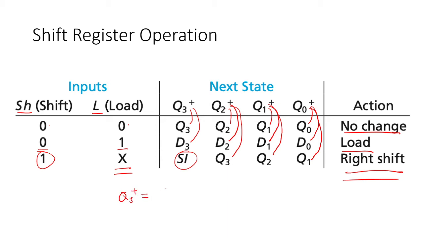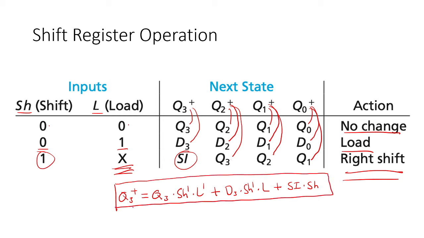Q3 plus is going to be equal to Q3 and SH prime and L prime, or D3 and SH prime and load, or SI and SH, right? No longer dependent on load enable for that one. So there's our first characteristic equation, or our characteristic equation for Q3.